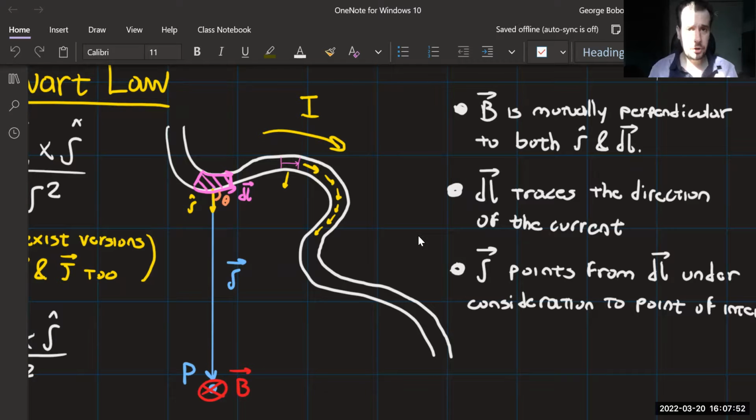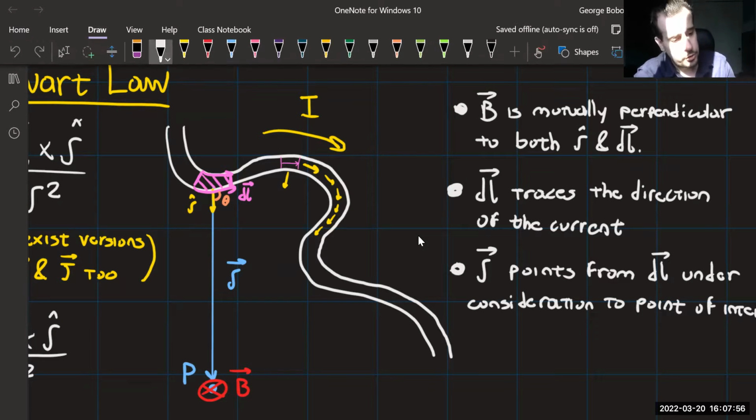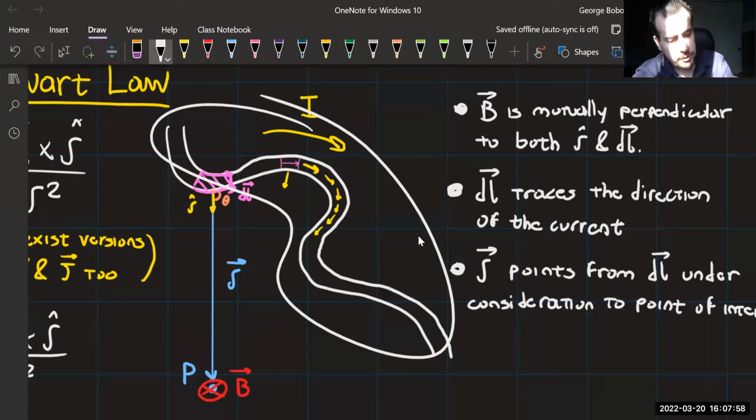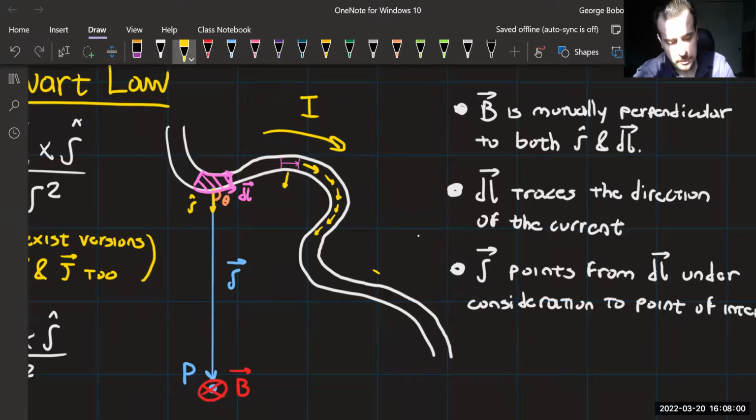And I want you to think of current as a quantity that the entire wire shares. Anywhere you measure it, here or here or here, it shares this current. It's a property that is wire-exclusive. Why is that? Because current measures flow.